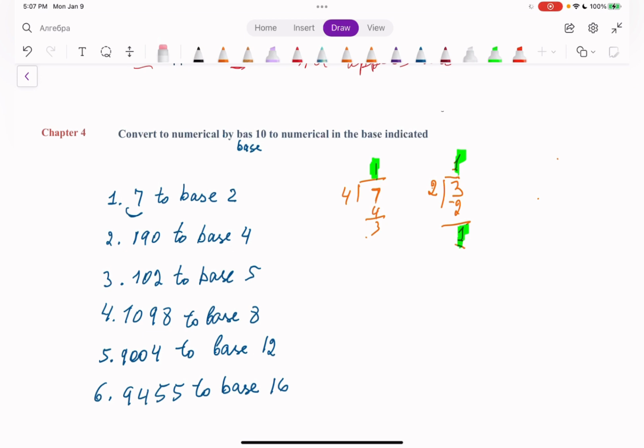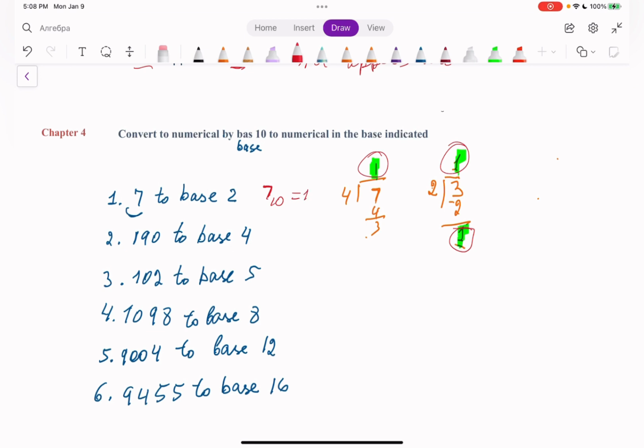7. We use this color. 7 in red color, base 10, writing the base here as an index, a small number, is equal to 1, 1, and then this one. We are taking the last remainder that is not dividable because it's less than 2.